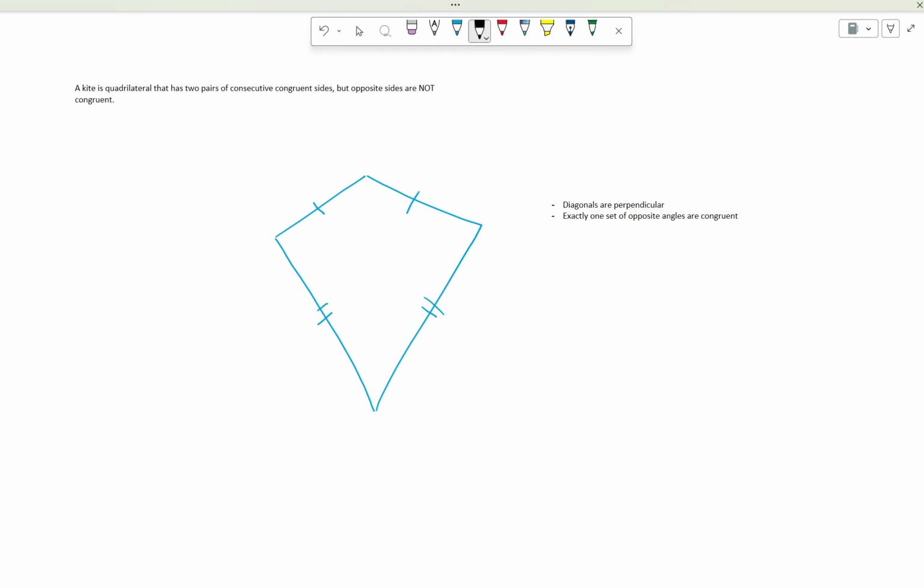It's going to be the ones in between these two. Because take a look here, I'm going to have that reflexive side, and then I have side, side, side. So then these angles right here are going to be corresponding angles. They'll be the corresponding parts. Okay.